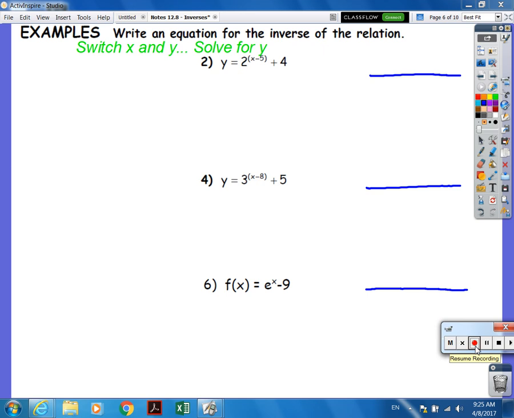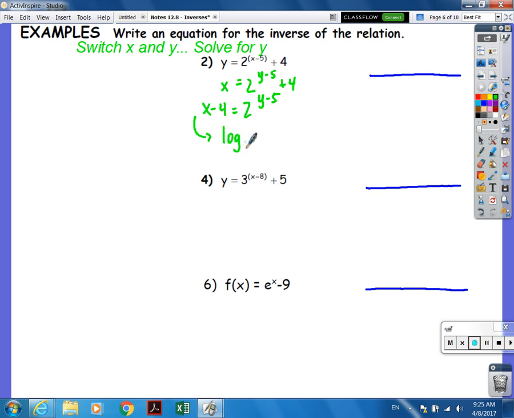Now if I go in the other direction, if I'm starting off with an exponent, I'm going to do my rewrite step. I'm going to rewrite x where y is and y where x is. So my exponent is now y minus 5 plus 4. I need to get that base part alone, so I need to subtract the 4 over. I have x minus 4 equals 2 to the y minus 5. To solve for a variable in the exponent, I need to write it using logs.